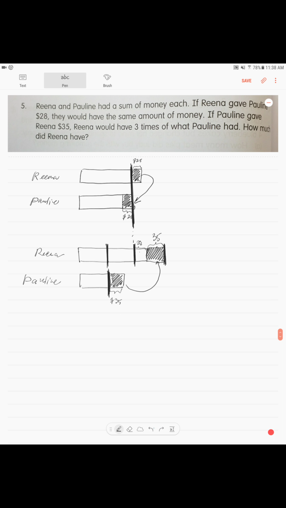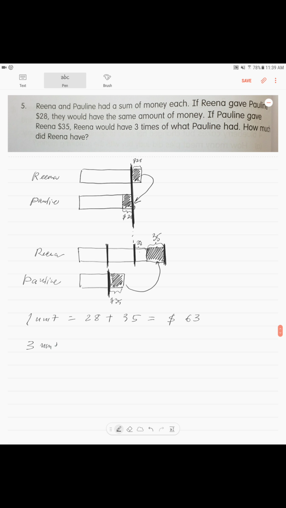All right, I hope you follow the picture. Now you can clearly see that this unit is 1 unit, and is comprised of 28 and 35. So we got our 1 unit, $63.